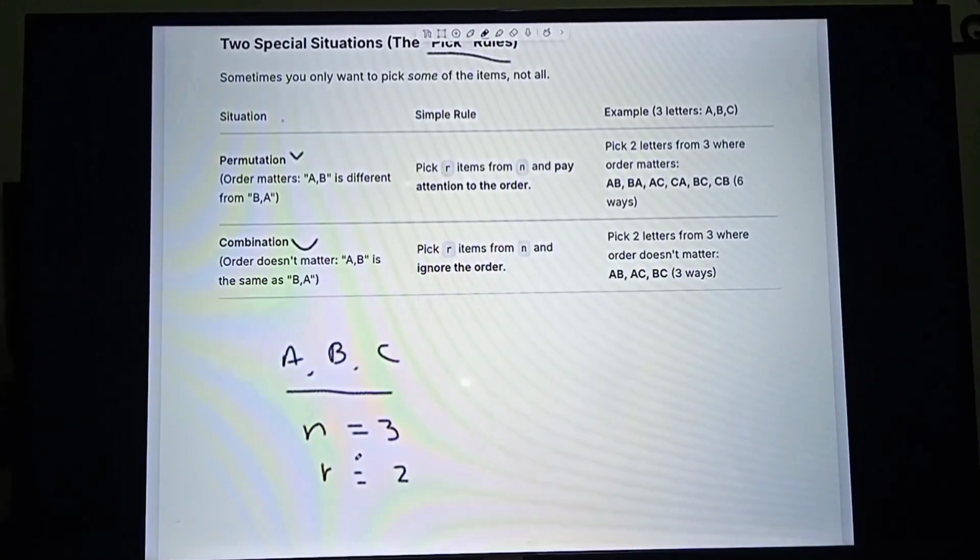So if you want to consider the order, then you need to use permutation.